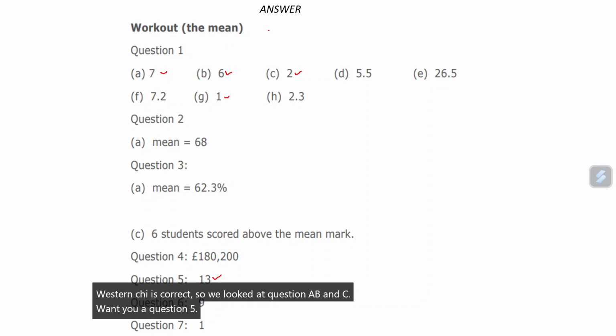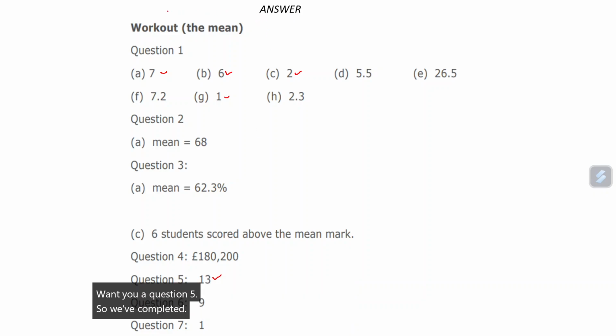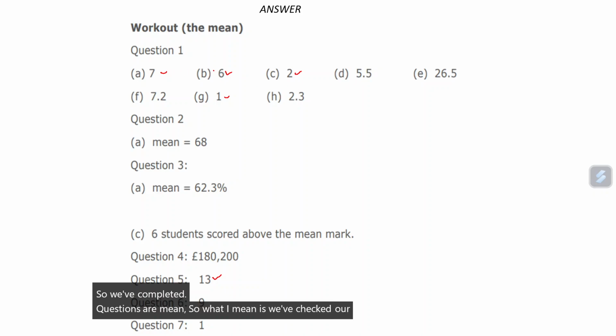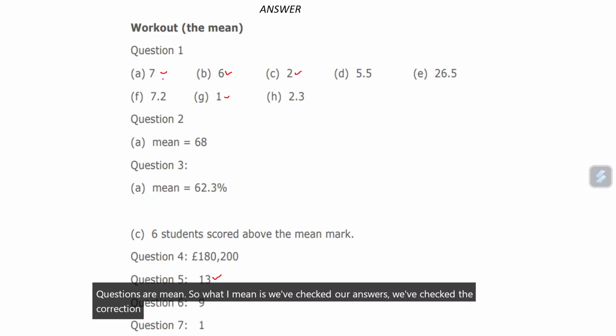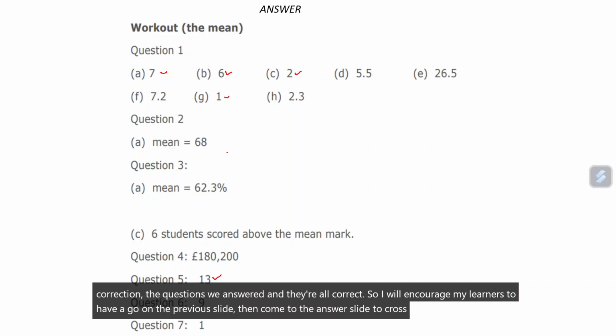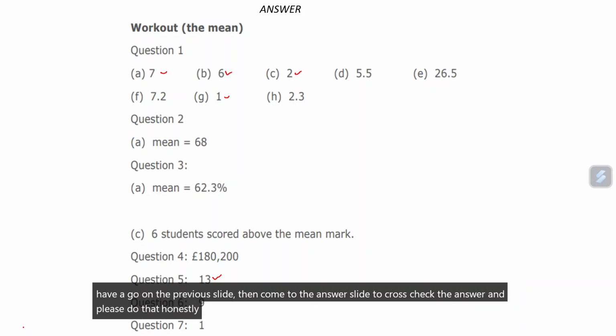So we've completed questions on mean. So what I mean is we've checked our answers, we've checked the questions we answered, and they are all correct. So I encourage my learners to have a go on the previous slide, then come to the answer slide to cross-check the answer. And please do that honestly. So let's move on.